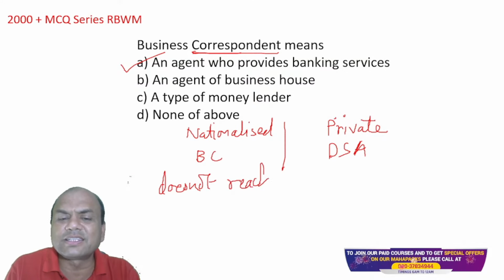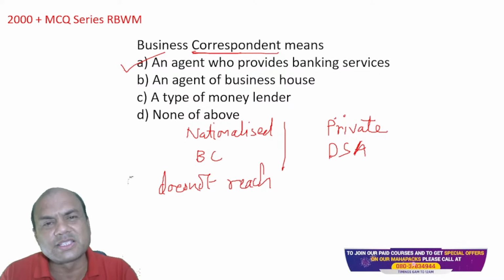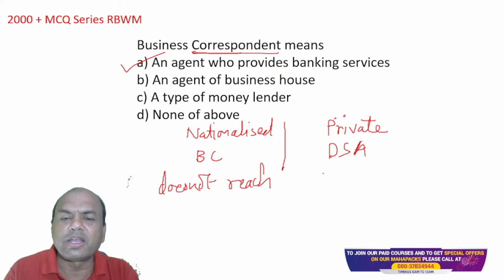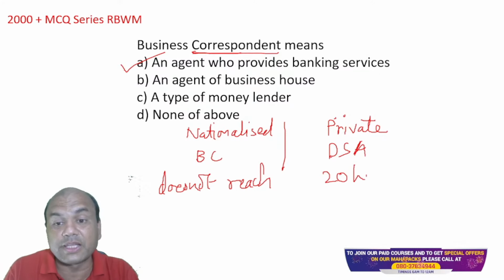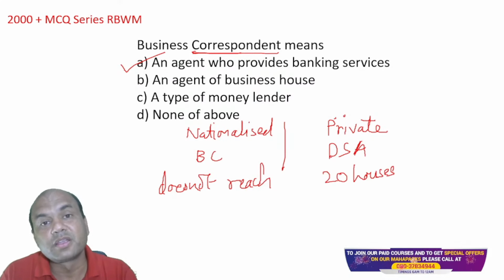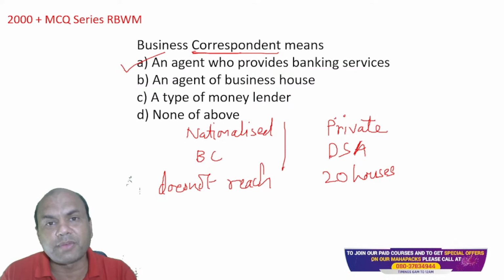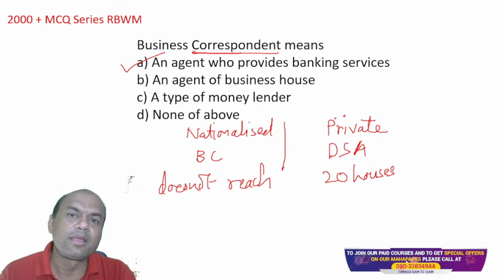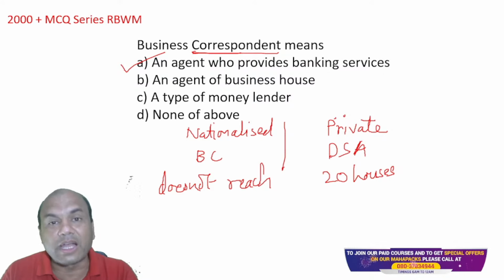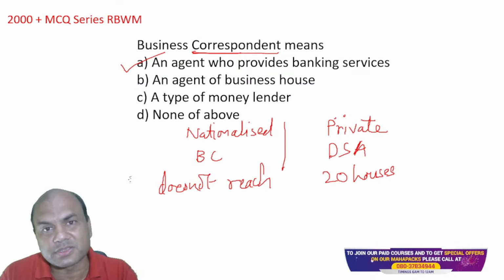Let's say there's a small village of 20 houses. There are many villages which are 20 houses, 30 houses, 50 houses. The population is hardly 200, 300, 400 max. Can you set up a branch over there with a 500 population? You can't. Because what will be the cost?